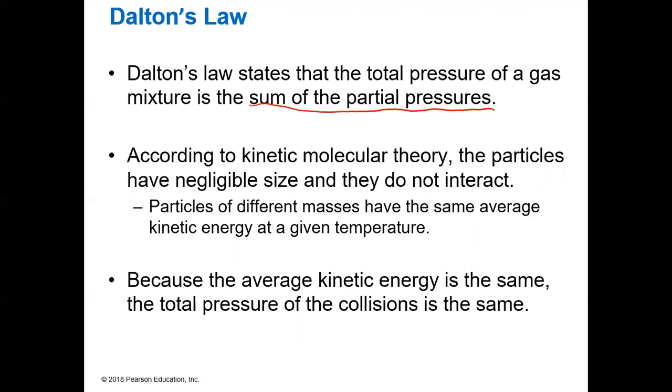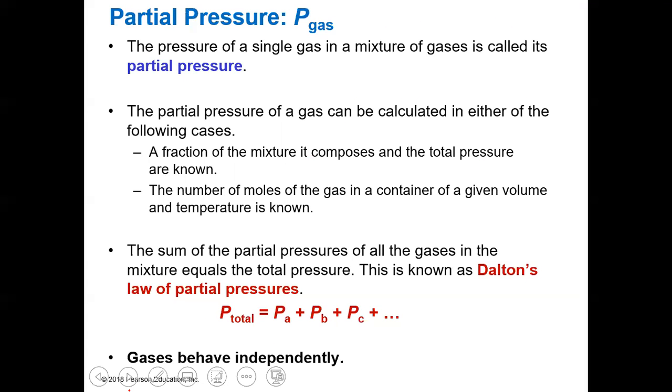So here we're saying that particles of different masses have the same average kinetic energy at a given temperature. Because the average kinetic energy is the same, the total pressure of the collisions is the same. Again, I feel like I'm just confusing you. Basically, each gas has its own partial pressure.